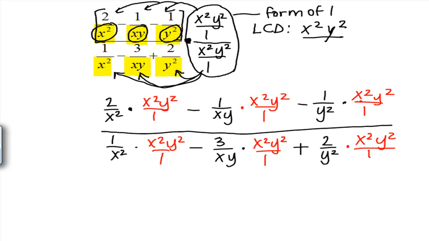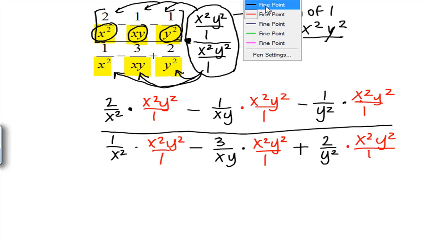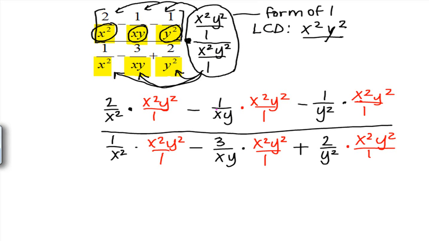I'll find where my pen went. There we go. Okay. Now I'm going to use another color so we can see it. I am going to reduce. So this x squared and this x squared reduce. This xy goes into x squared y squared, and I have just an xy left over. The y squareds reduce.